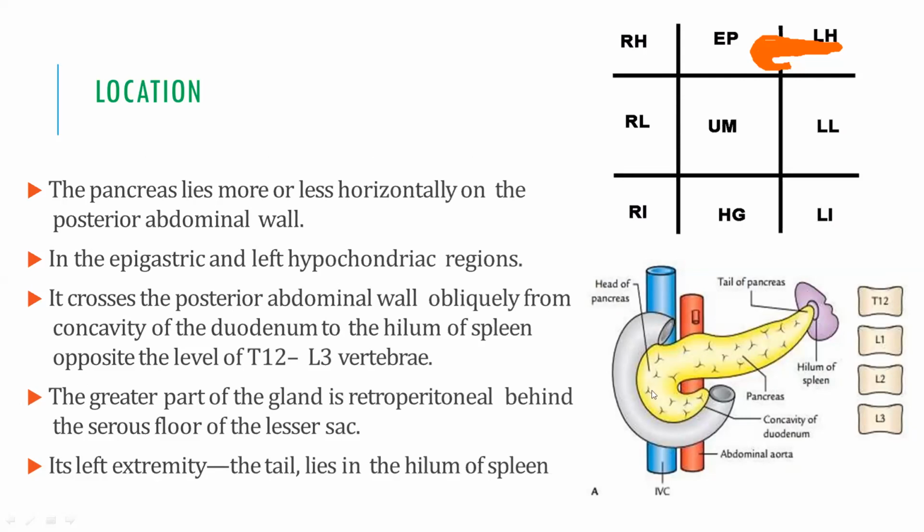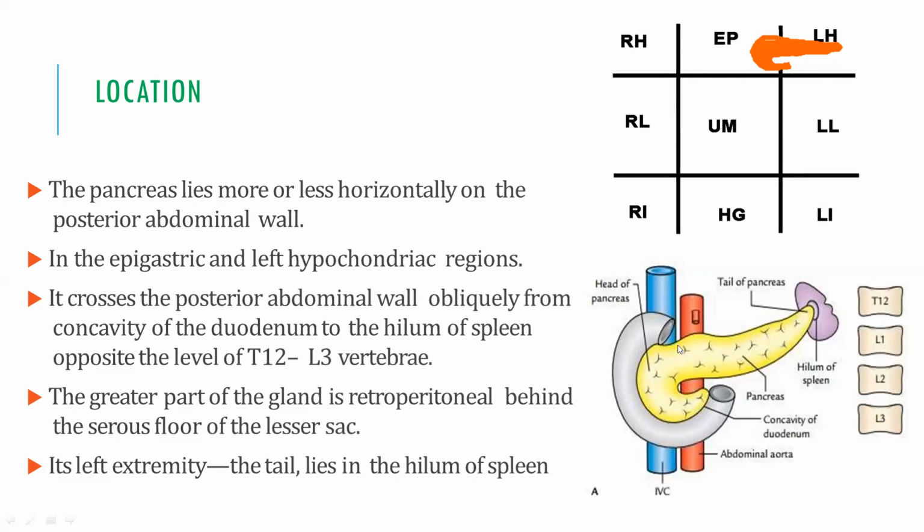This is the head part and this is the tail embedded in the spleen. They lie opposite the level of the 12th thoracic vertebra and the 3rd lumbar vertebra, head as well as tail.